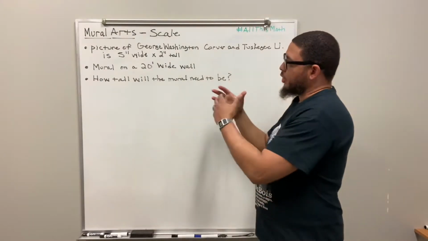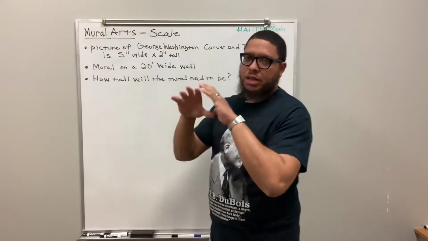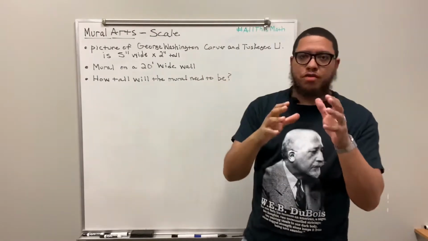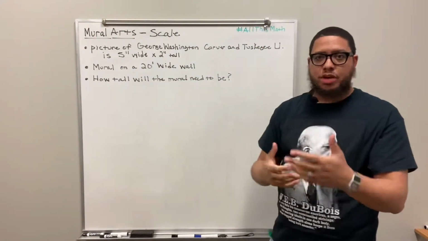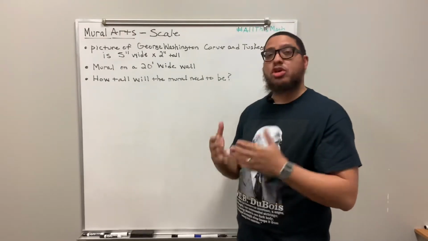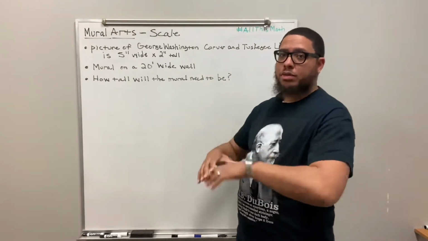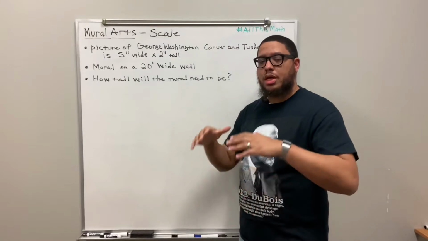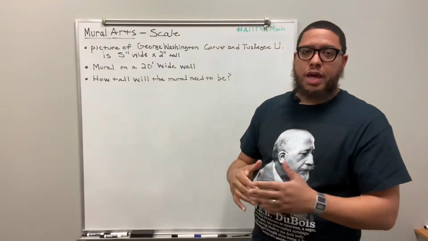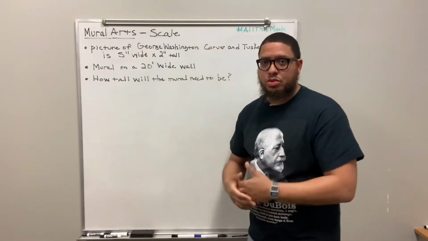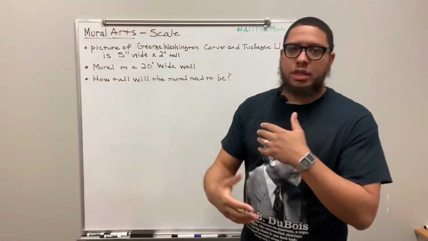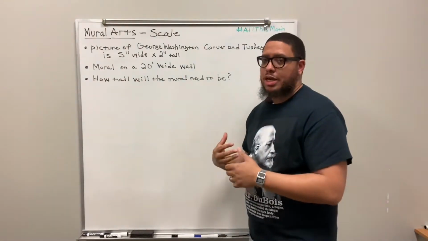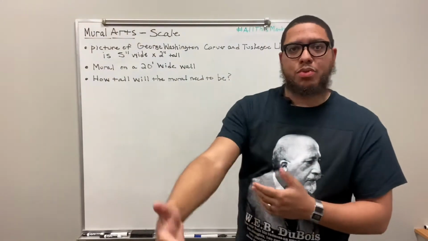And on this picture, someone is drawing a picture of George Washington Carver and also Tuskegee University, since that's where he was a professor and that's where he taught, right? And that's also where he went out into the surrounding community and taught the local people that weren't able to gain admission to Tuskegee University for whatever reason. He still taught them science. So really, the people that couldn't come to the college, he actually brought the college to the people.